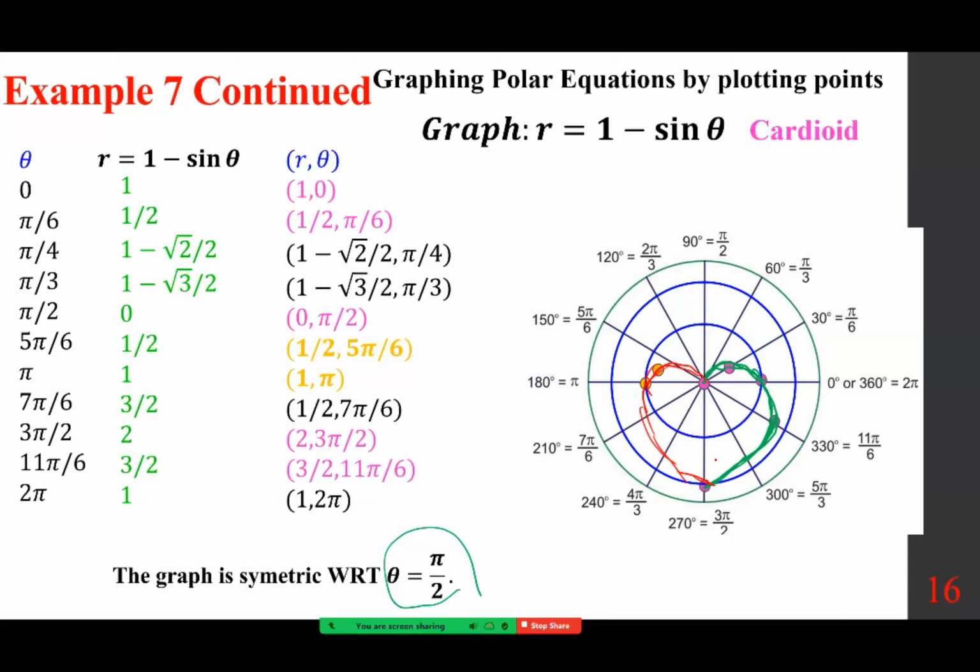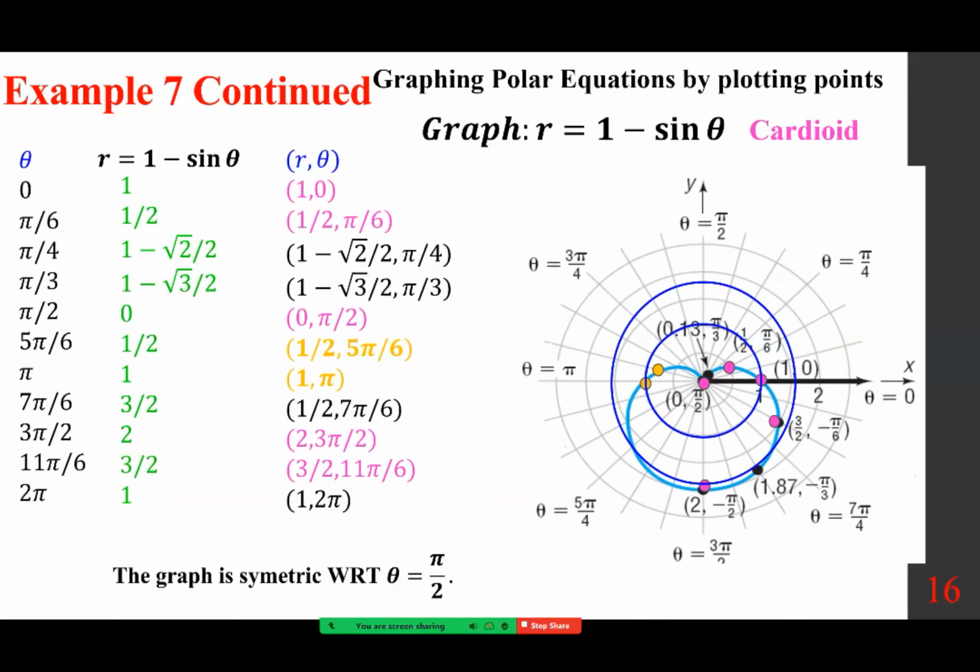So let me erase that. And that's the cardioid when we have 1 minus sine theta or even 1 plus sine theta and so on.